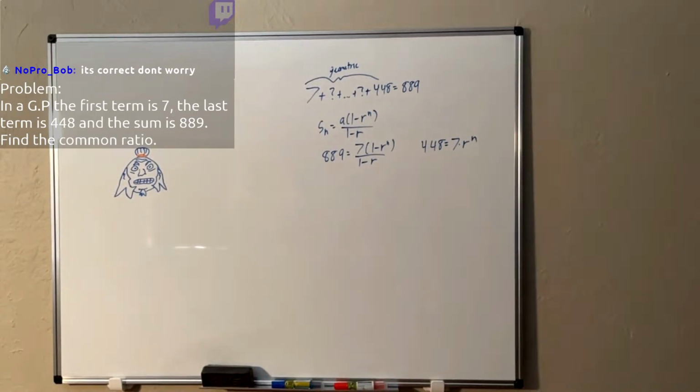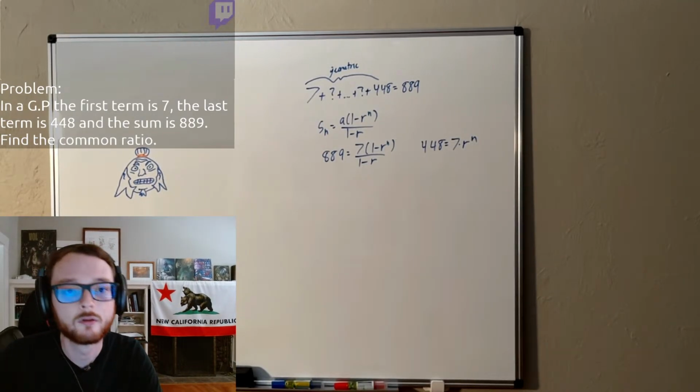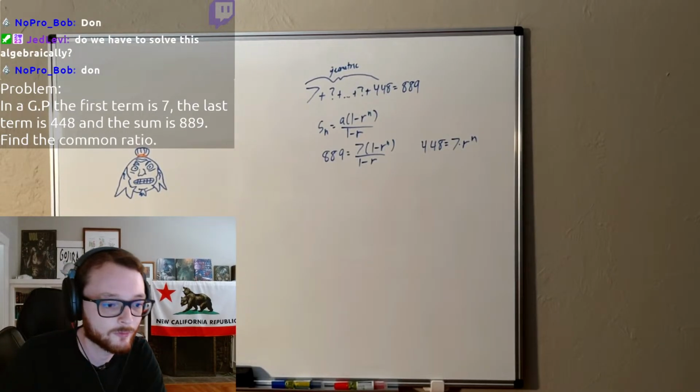If I'm doing that one? Wait, it's correct. Do you say that before or after I erase the -1? What is 448 over 7? Does that go in evenly? 64? Okay.